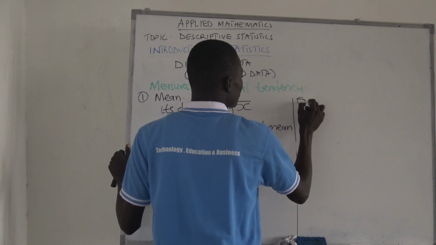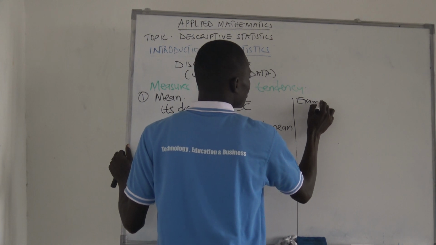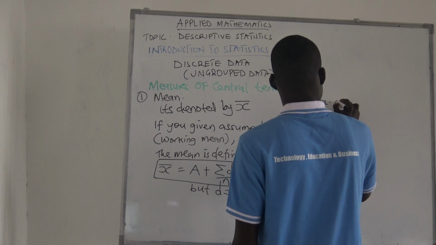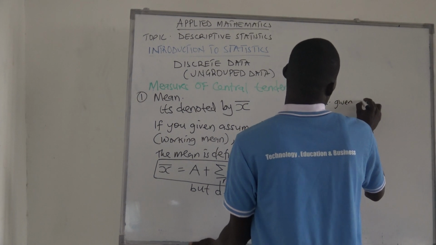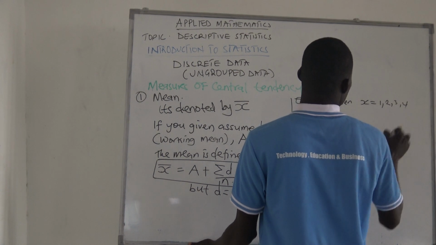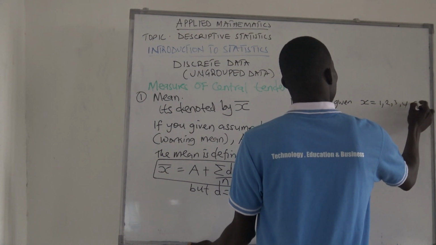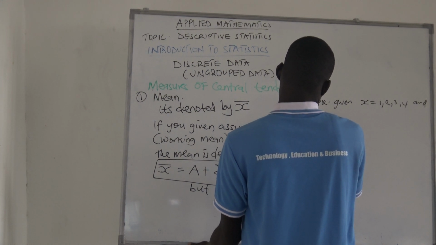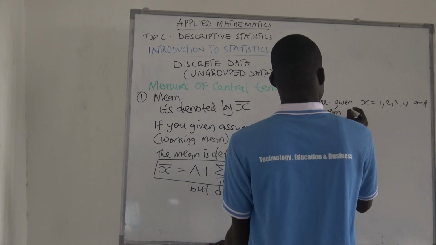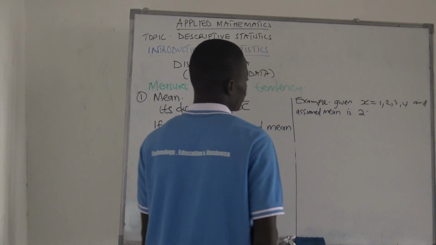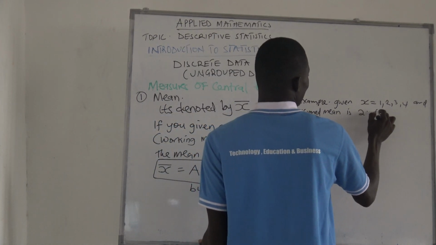Example: given x equals 1, 2, 3, and 4, and assume the mean is 2. Find the mean.